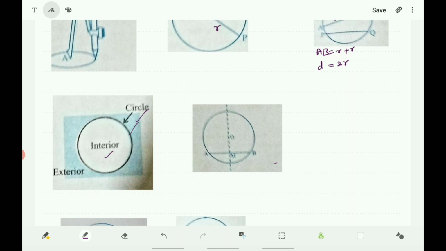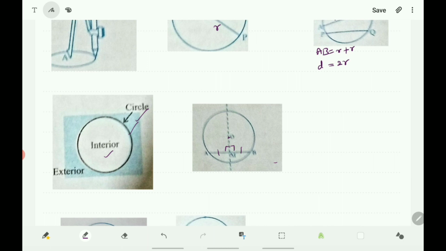Now let us discuss the perpendicular from the center to a chord. See here, O is the center, AB is a chord, OM is a perpendicular drawn from the center to the chord, and here we know that AM is equal to BM. It means the perpendicular drawn from the center to the chord bisects the chord.